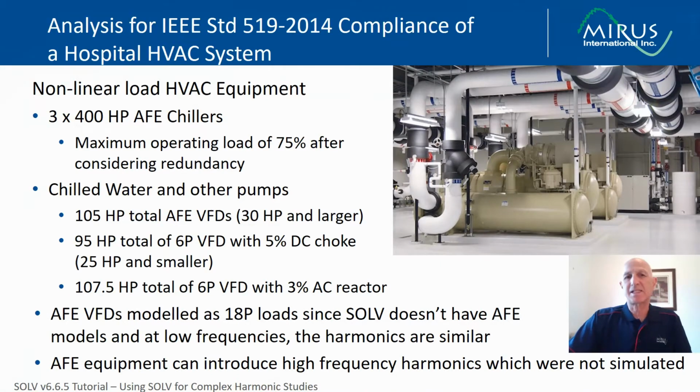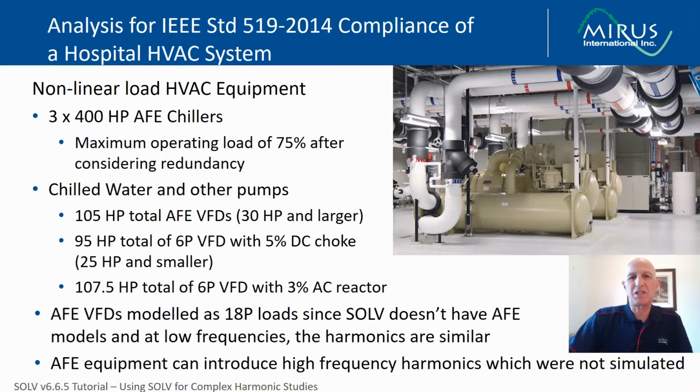In this analysis, I will use a hospital application where the contract documents required a harmonics analysis report to confirm that various mechanical HVAC equipment at the site would comply with IEEE standard 519/2014 requirements.